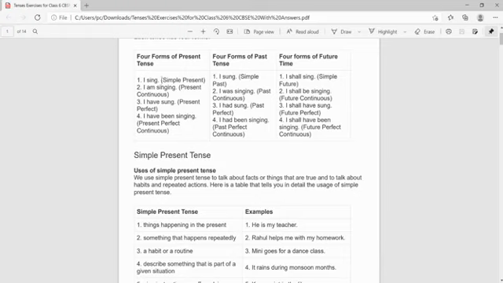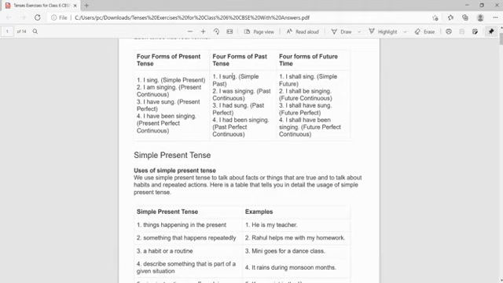Those are simple, then you have continuous, then you have perfect, then you have perfect continuous. If I am talking about present, you say simple present, present continuous, present perfect, and present perfect continuous.